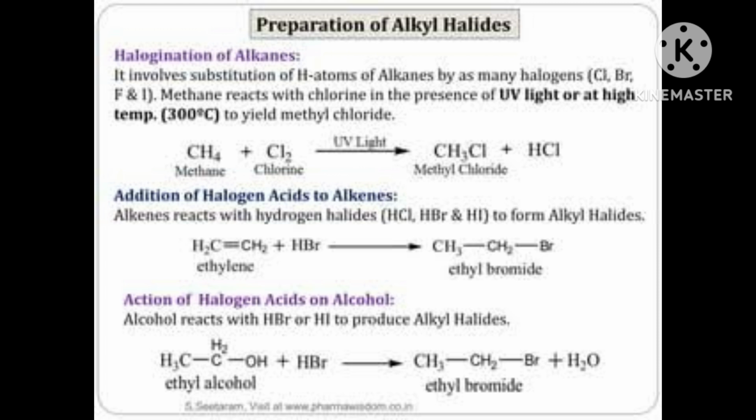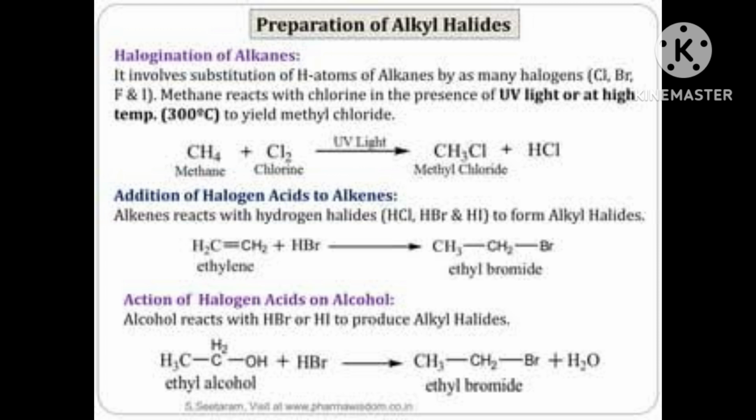Here aniline means one NH2 group is on benzene. It is primary because this nitrogen is attached to only one carbon, which is why it is called a primary aromatic amine.